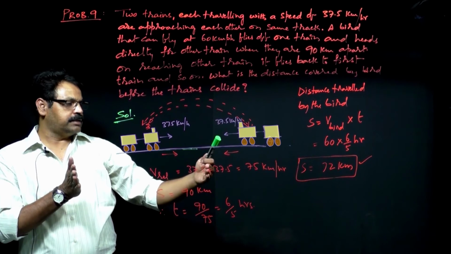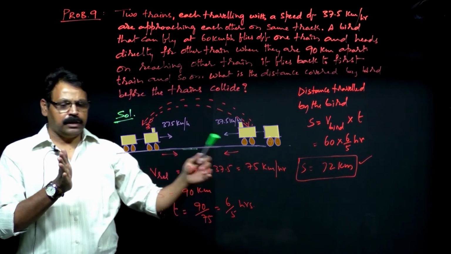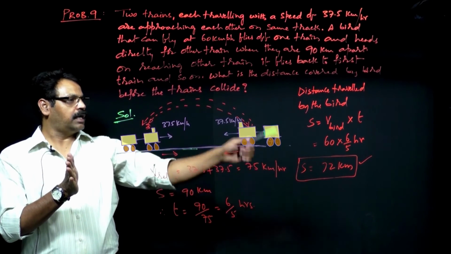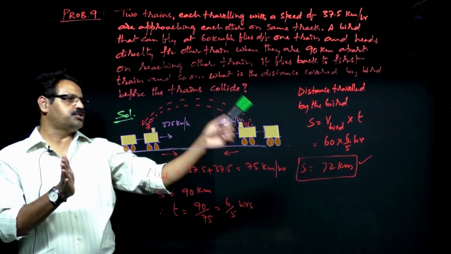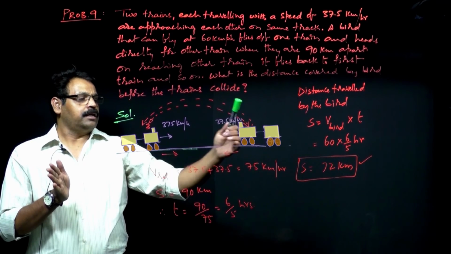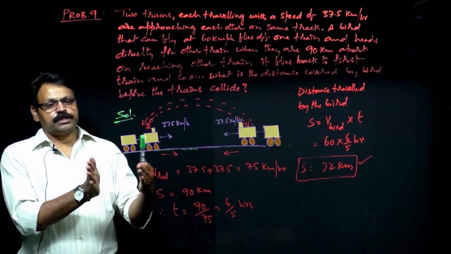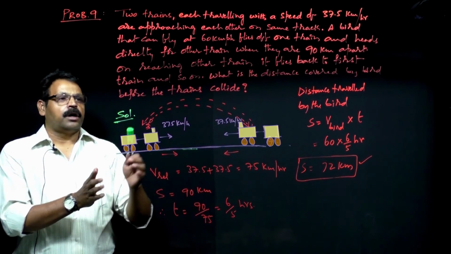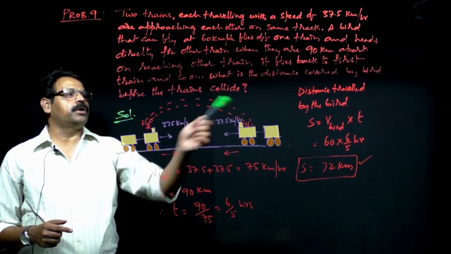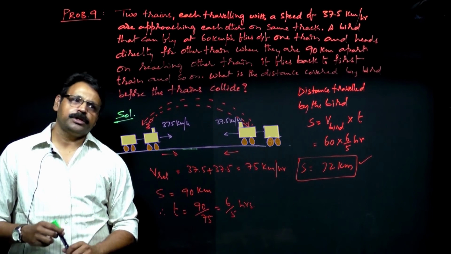When the trains are 90 kilometers apart, the bird moves from one train to the other, then again comes back to the first train and so on. As the trains approach each other, before they collide, how much distance will the bird travel? That is what the question asks.